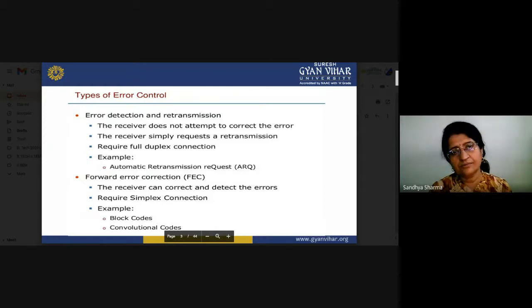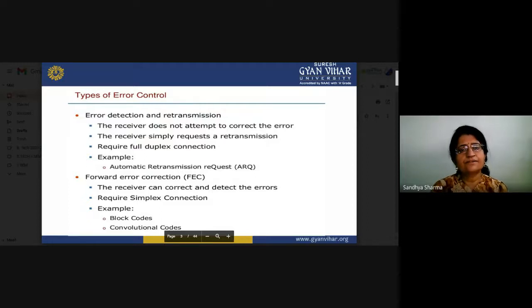By introducing channel coding in our transmitted signals, we add some redundant bits, so that at the receiver section we can easily find the errors in our data. First, we have to see what types of error control can be done in our system.